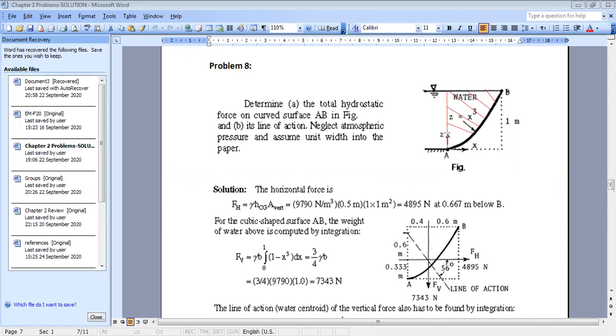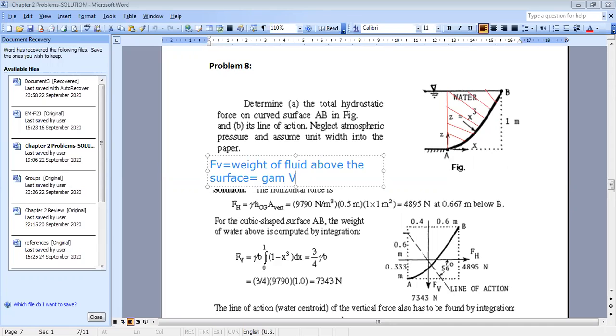And to find the weight, we should say that FV is equal to the weight of fluid above the surface. It is equal to gamma times the volume.